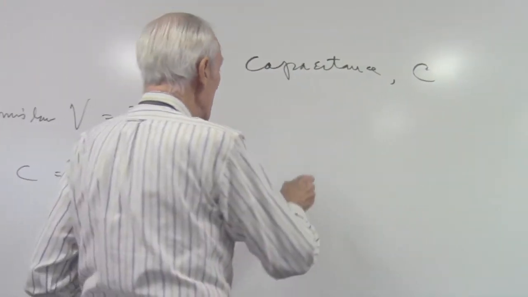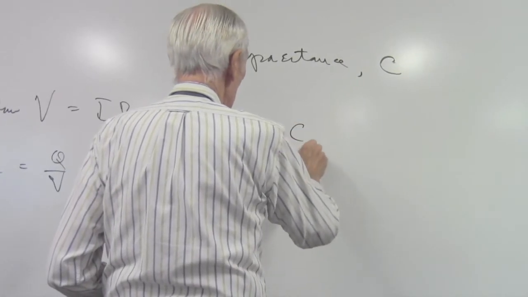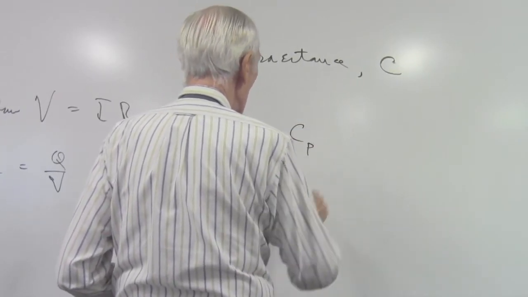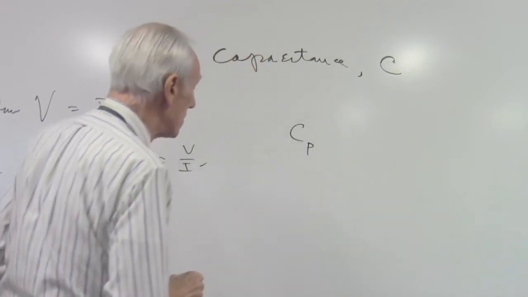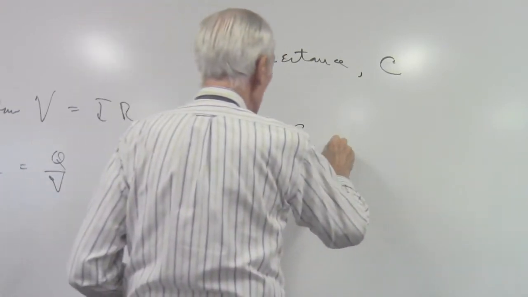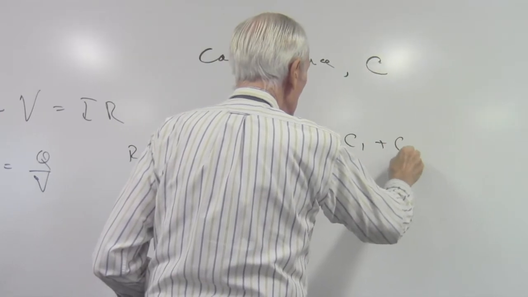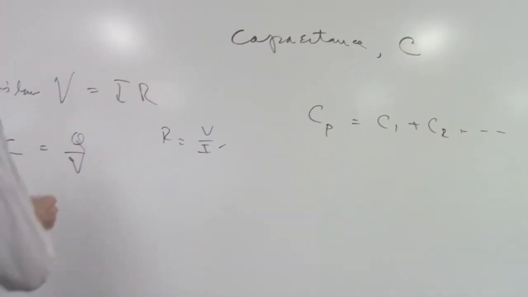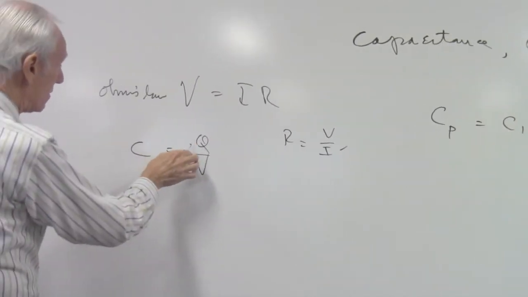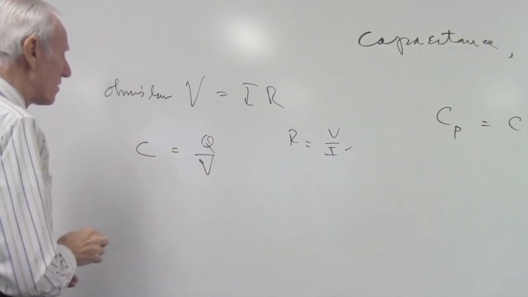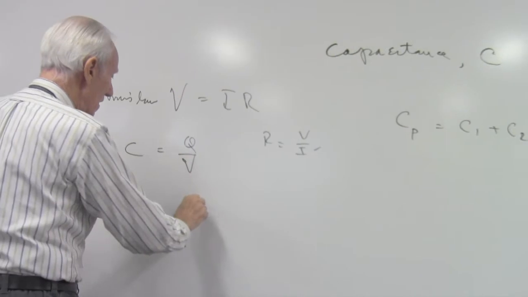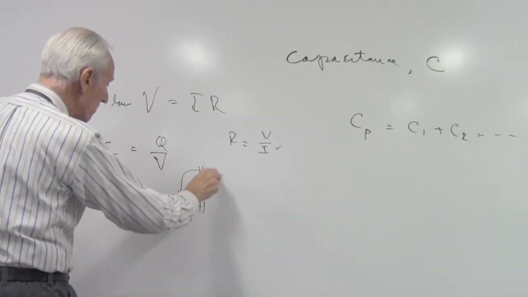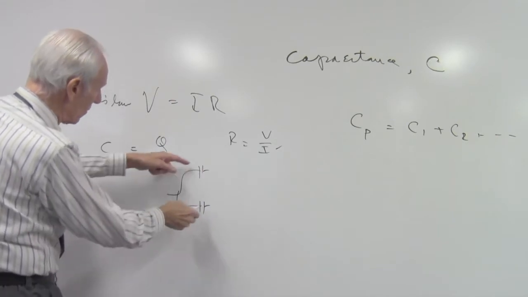And so we find out the capacitors in parallel add differently. That is, capacitors in parallel add directly. Because what's the definition of capacitance? How much charge can you put on with a certain voltage? If you have a junction where you have a couple capacitors, then there's more charge.